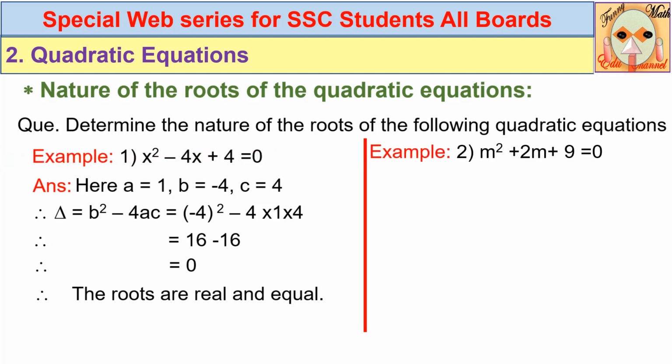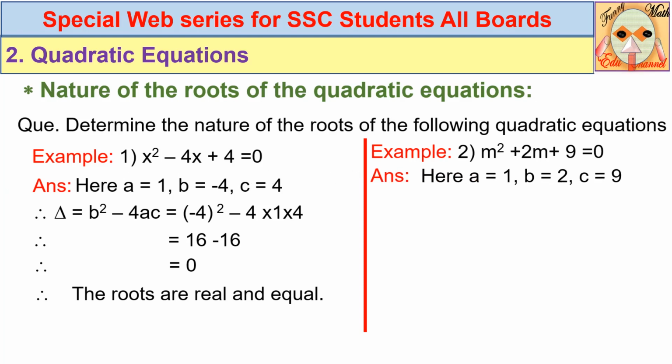Now see the second example, which is in the variable m: m square plus 2m plus 9 equal to 0. This is the second example. Compare this with the general form ax square plus bx plus c equal to 0. Here a equal to 1, b equal to 2, c equal to 9. And then we have to calculate what is delta. B square minus 4ac, that is 2 square minus 4 into 1 into 9.